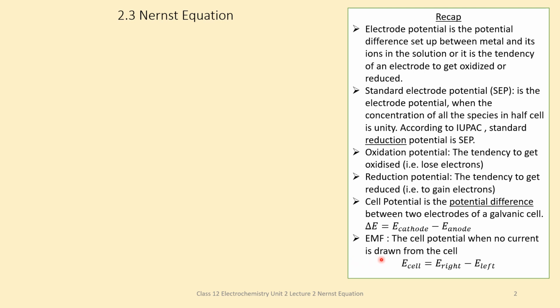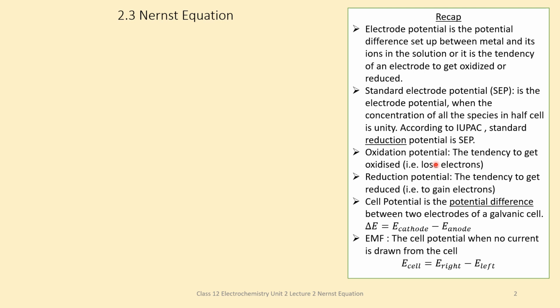Standard electrode potential is the electrode potential when the concentration of all the species in half cell is unity. According to IUPAC, standard reduction potential is the standard electrode potential. Please note, standard reduction potential is the standard electrode potential.